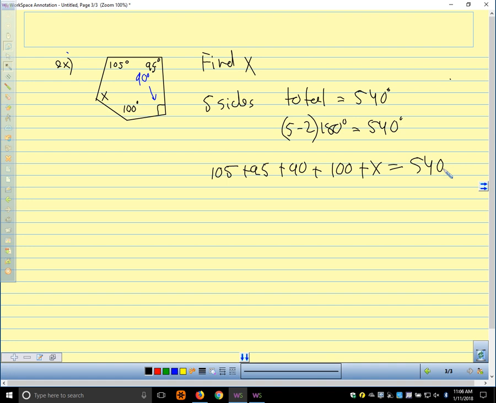Basically we add all these up and subtract from 540. When we add those up, we get 390 plus x equals 540. So we subtract 390 from 540, and x equals 150 degrees.